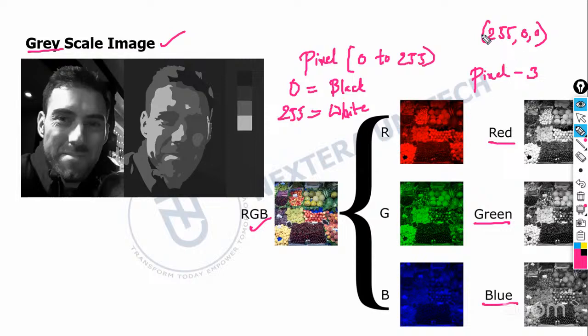A pixel is represented with 3 numbers, and the 3 values are comma separated. What is the value of red? 255. That means we have reached the maximum. What is the value for green? 0. What is the value for blue? It is also 0. So obviously this represents a red pixel.